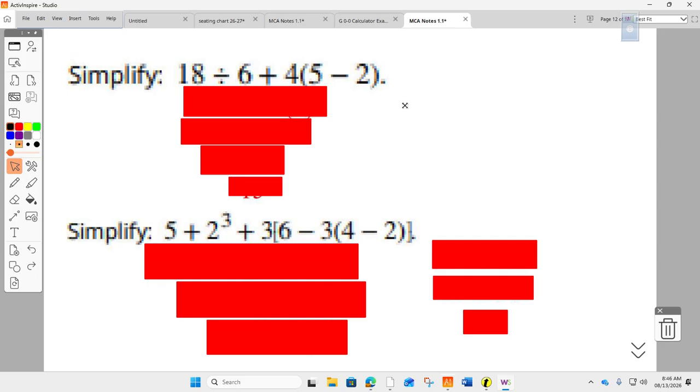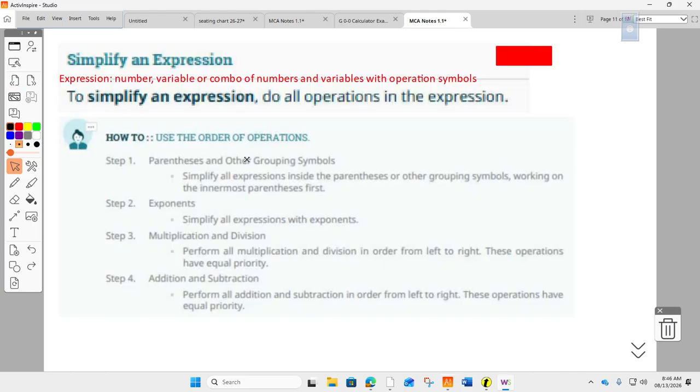So what are we going to do first here? Remember, parentheses are grouping symbols first, then exponents, then multiplication and division, then addition and subtraction.